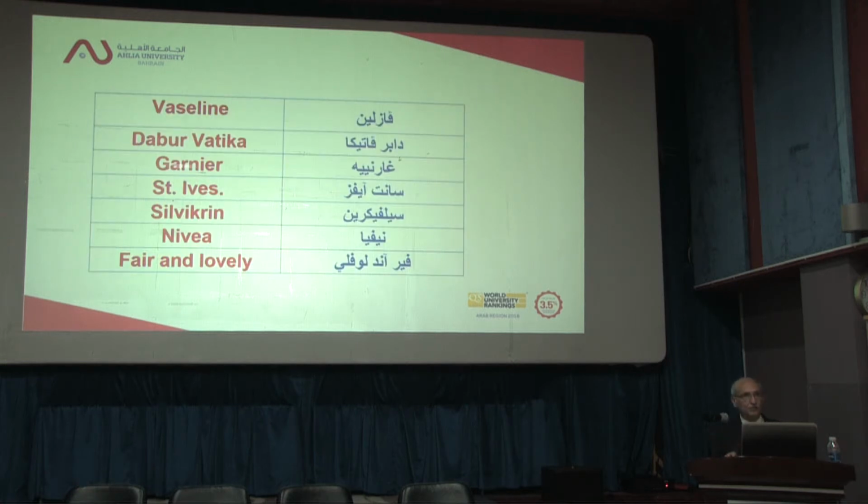These are some of the brand names. Look how they are translated. This is transliteration. This is not translation. We are simply using a different script. We are using the Arabic script for the words in the English script.